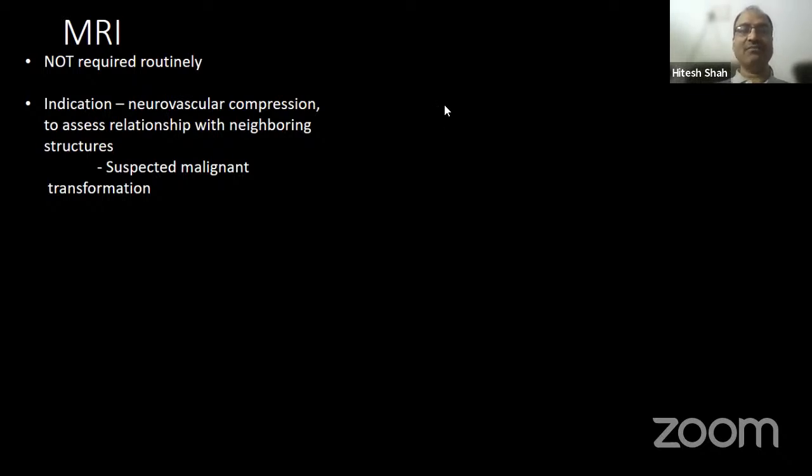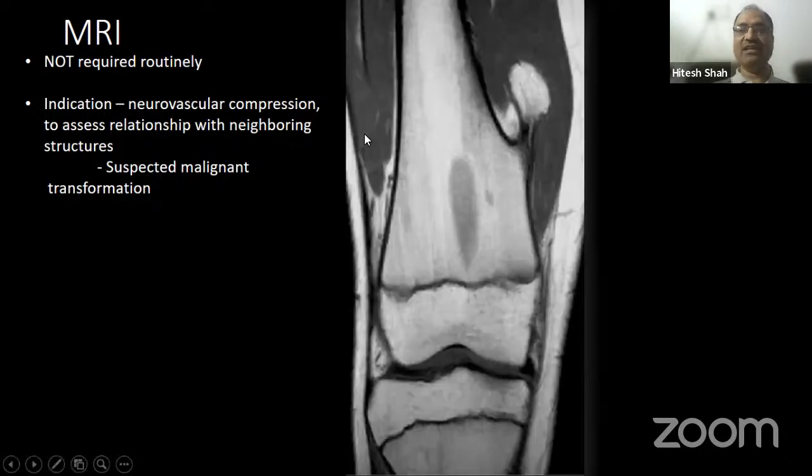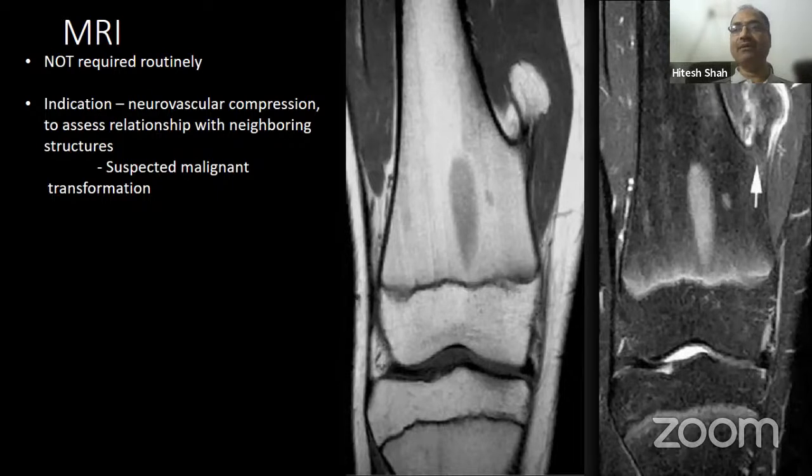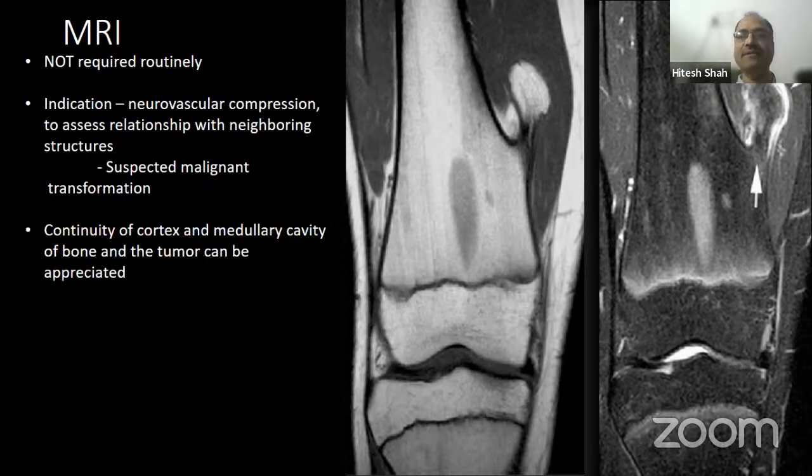When you suspect malignant transformation, when the cap of the osteochondroma is more than 5 millimeters. Also when there is pain, sudden increase in size, or increase in size after skeletal maturity. These are the three important sensitive symptoms on which you can think about malignant transformation.